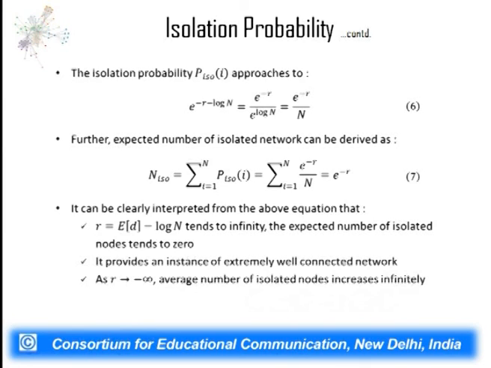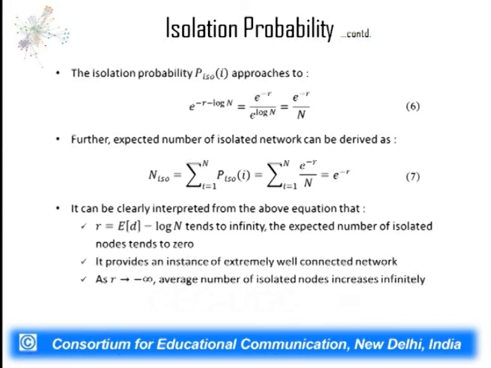This is with respect to one node. Now, if we want to calculate for the entire network, what will we do? We will just sum up the values of the isolation probabilities, and we get that e to the power minus r is the expected number of isolated nodes.